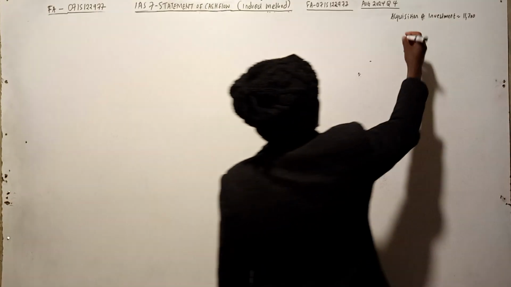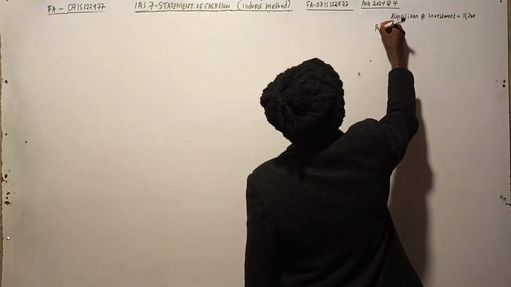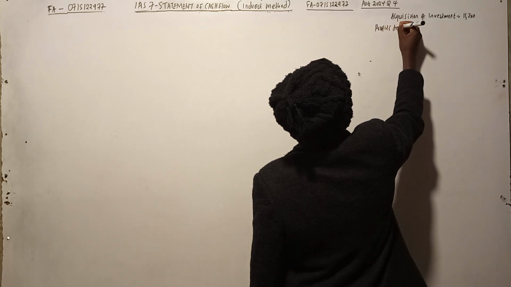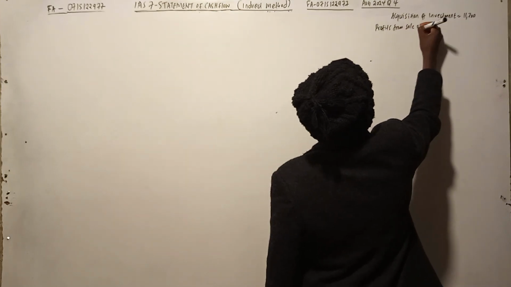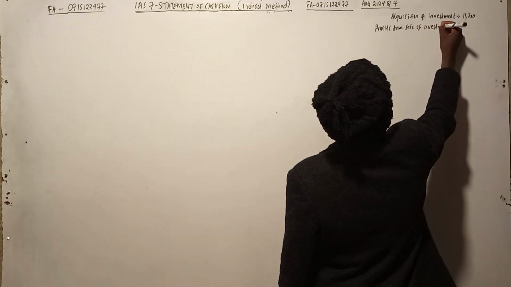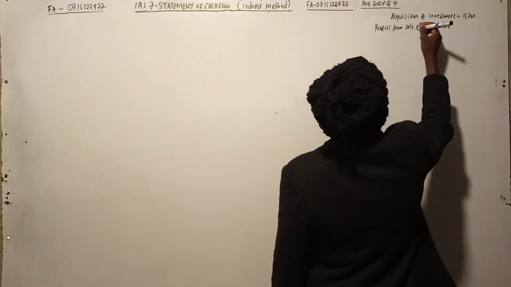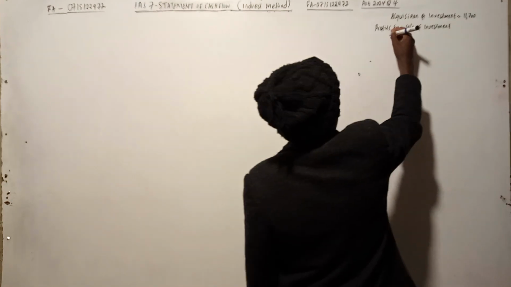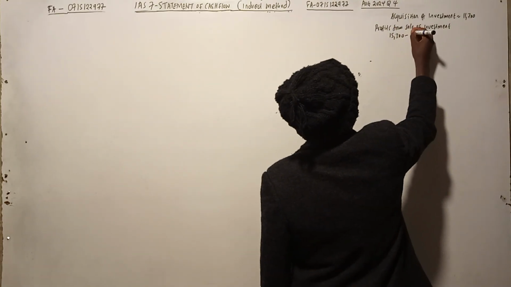Number 2: the company sold an investment which had a cost of 13,500 for 15,300 during the year. Now we can get the profit from sale of investment. It had a cost of 13,500 and they sold it for 15,300.